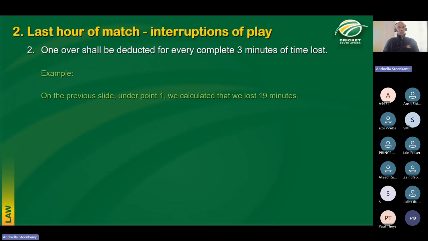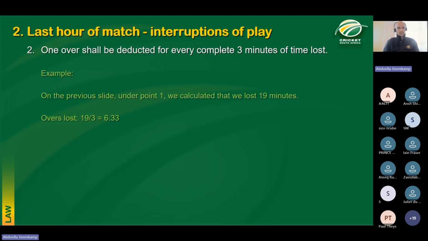I'll use the same example. In our previous slide, we calculated that we lost 19 minutes. So to calculate how many overs we lost, I take my 19 and divide it by 3. Then I get 6.33.